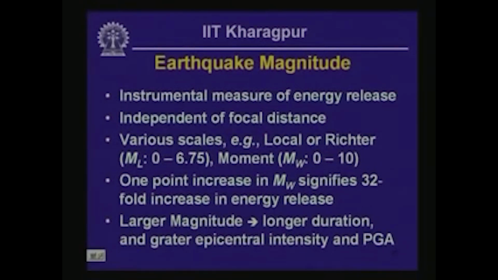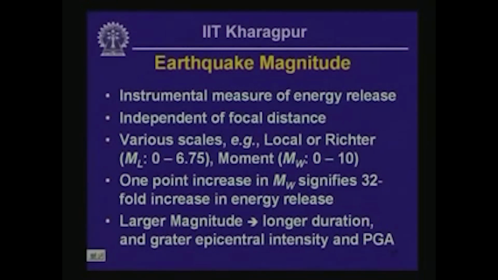Earthquake magnitude, on the other hand, is an instrumental measure of energy release. This is independent of focal distance. There are various scales once again, such as local or Richter magnitude. It is denoted with M subscript L, and goes from 0 to 6.75.